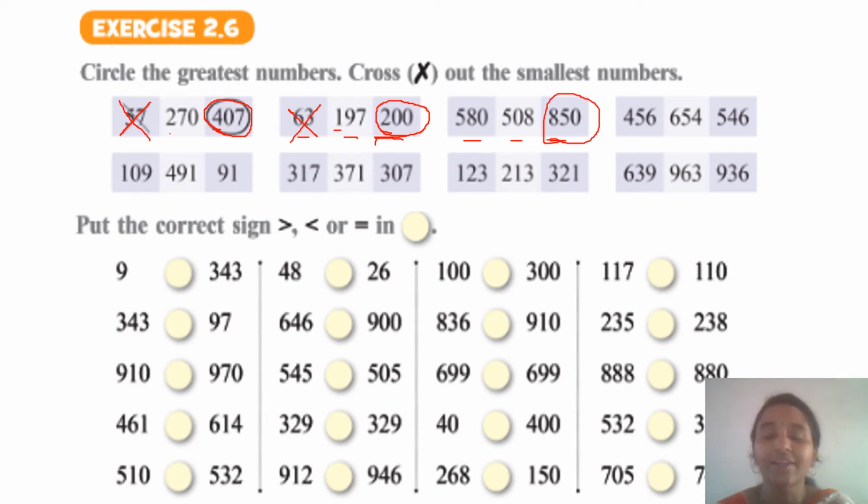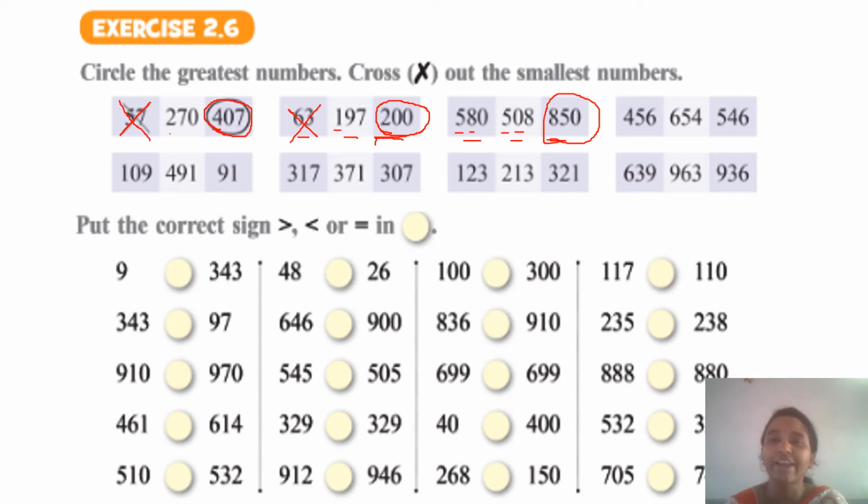Now, in the remaining two numbers, you should see which is your smallest number and we have to cross that. As both are in 500s, what we have to do? We have to leave the hundreds place and go to tens. Tens means here one is 8 and the other is 0.